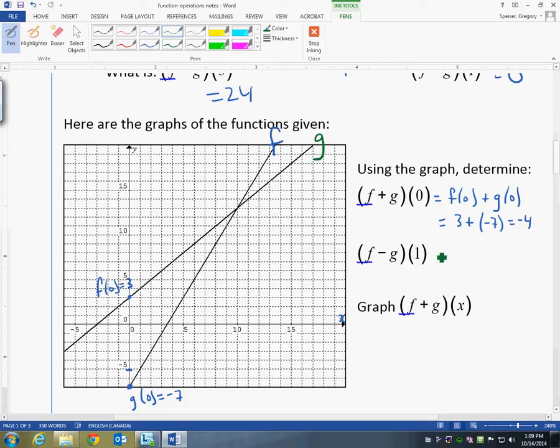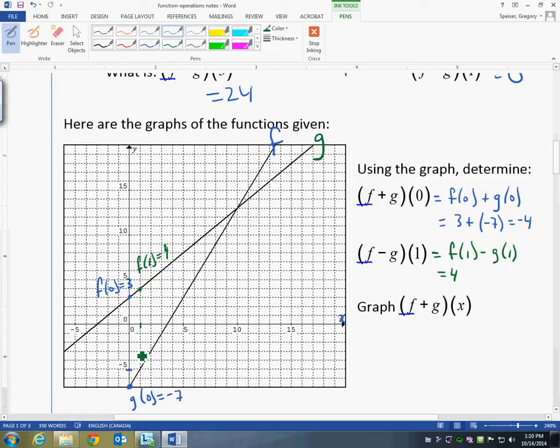So this is going to be the same thing as f of 1 minus g at 1. So at 1, so here's 1. It seems to me f at 1 is going to be equal to 1, 2, 3, 4. So that's 4. Minus g at 1, which looks like negative 1, 2.